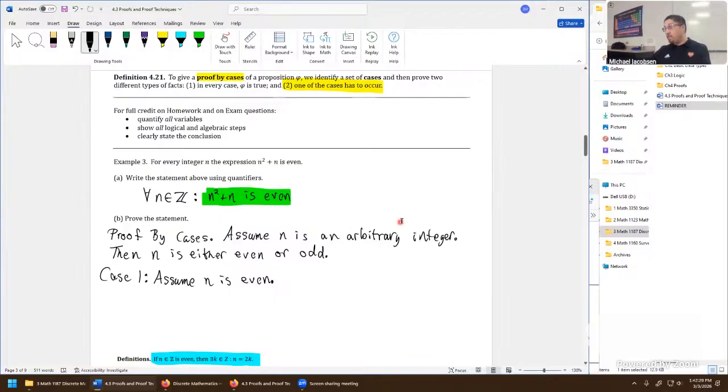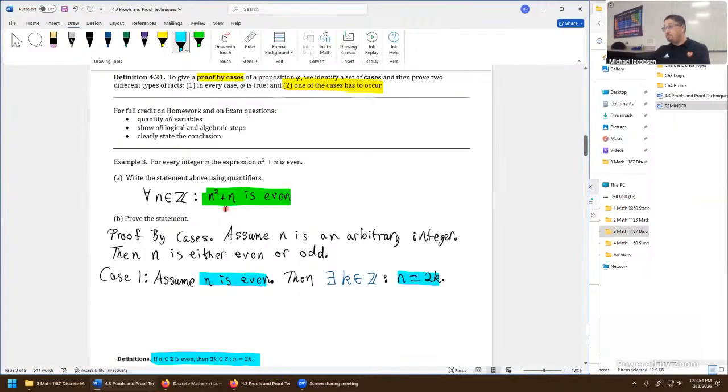N was already defined right here when we said it was an integer. So we need to say next, then there exists k in Z. We have the existence of an integer k such that n equals 2k. So once again, this is all what it means to be even.